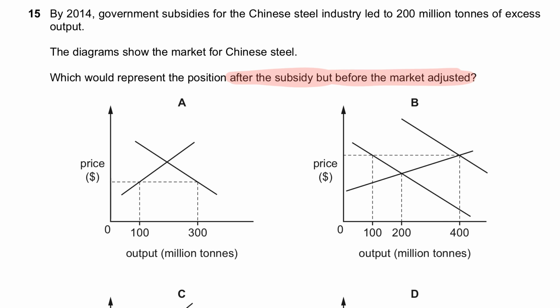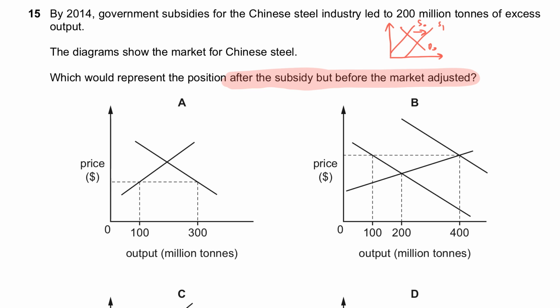So in other words, we want to see a diagram where the subsidy is imposed, but the new price is not adjusted. So whenever we give a subsidy, we know this, that the supply curve will shift to the right. So the first thing is that we will look for our answer choices where we see the supply curve shift to the right, because subsidy results in the supply curve shifting to the right.